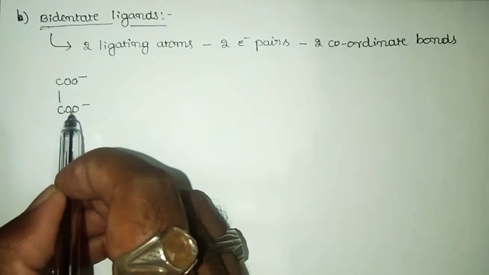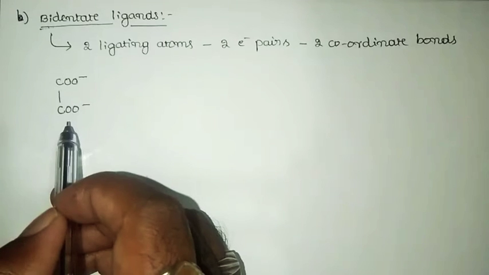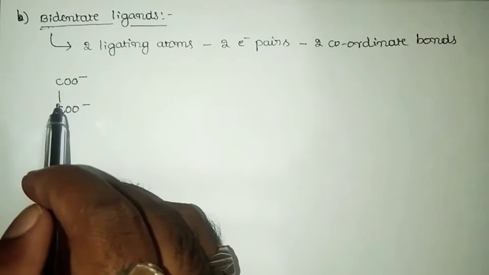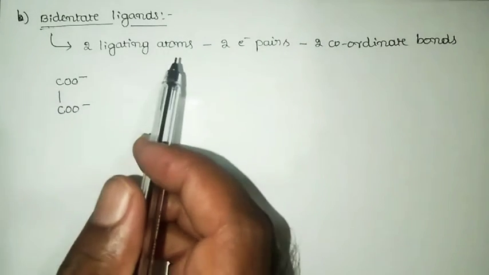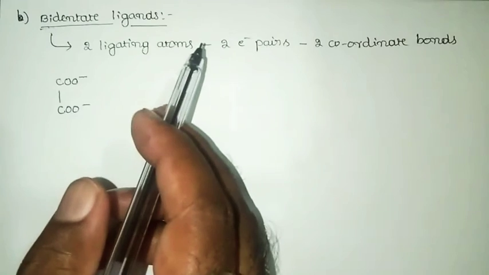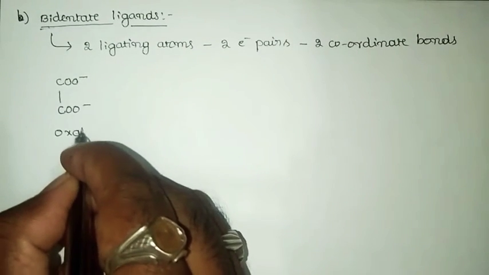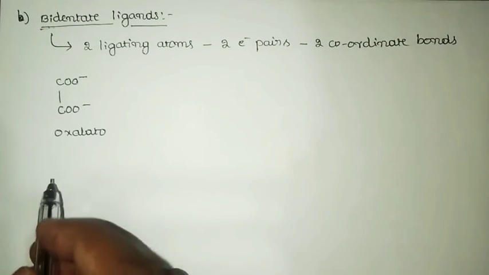So it is oxalate ion, but as we said, the name of negatively charged ligands is supposed to end up with the letter O. So in oxalate, the last letter E will be replaced with the letter O, so that it becomes oxalato. That is the name of this ligand.